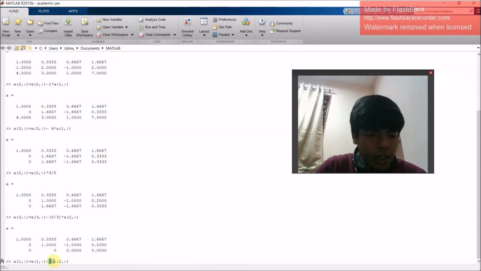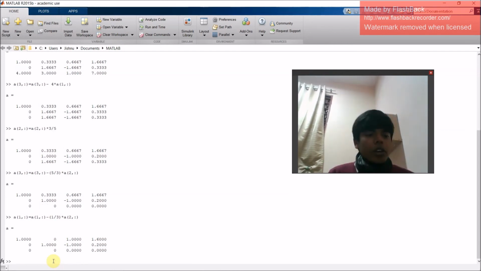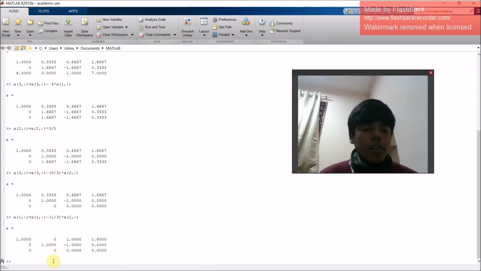So another brackets, 1 by 3 and the star. So let's see, right? So that is our row reduced echelon form.